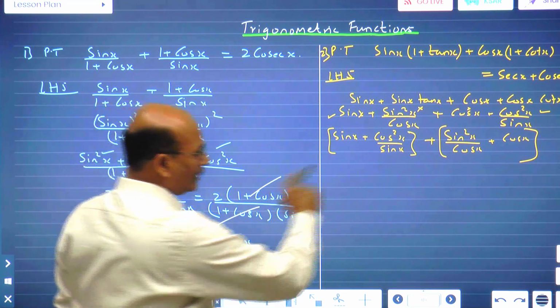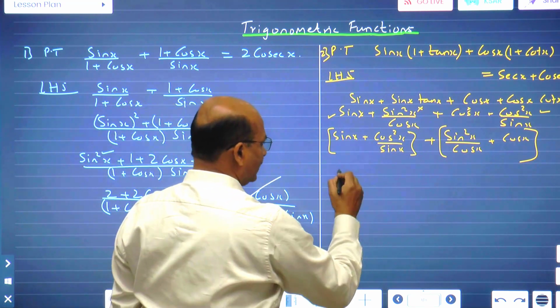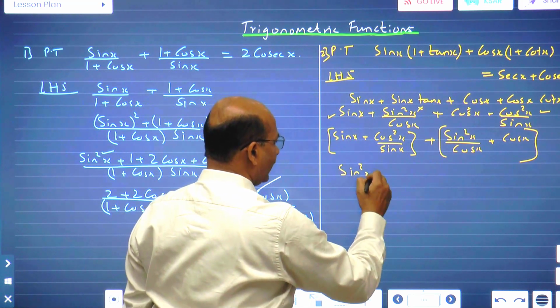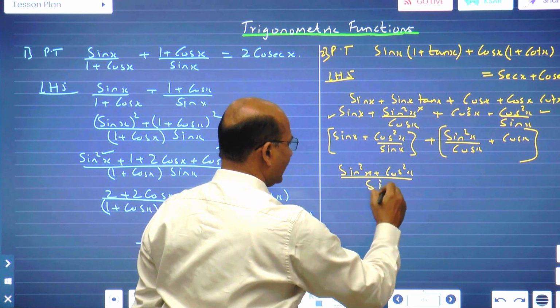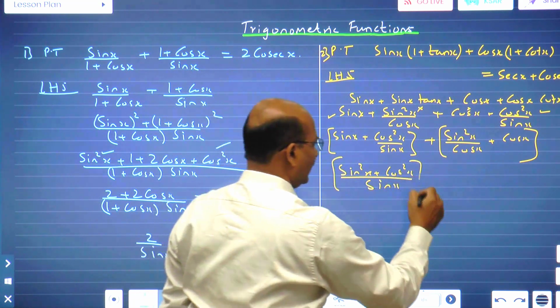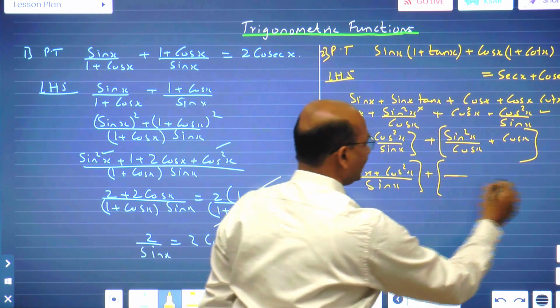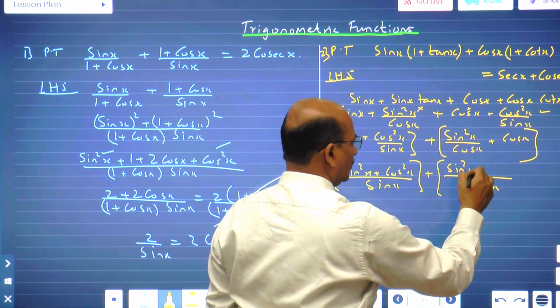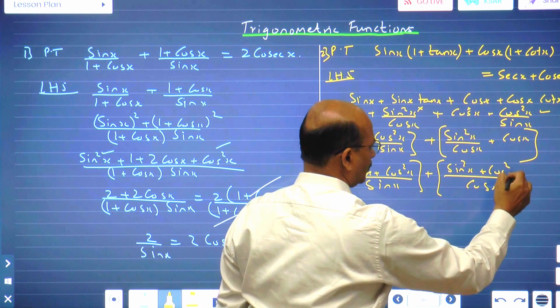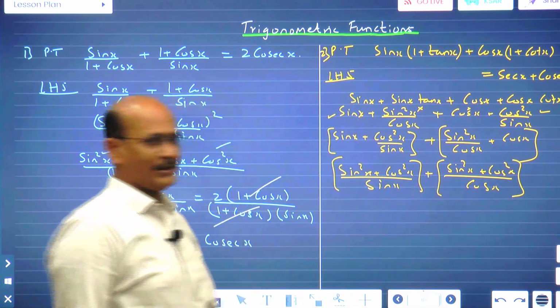So I will find the LCM here. What happens, children? This will become sin square x plus cos square x upon sin x plus, here what is the LCM? Cos x, sin square x plus cos square x upon cos x.